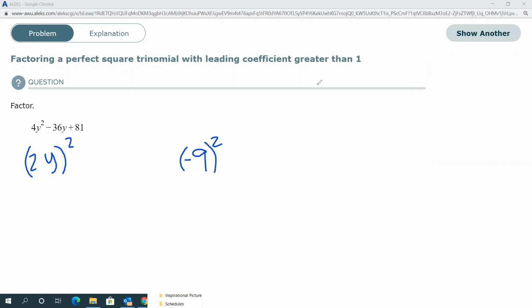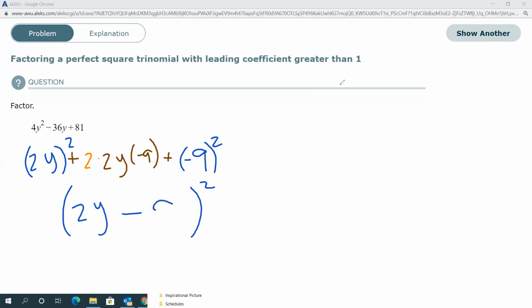Now, in the middle, I'll write the 2y, I'll write the negative 9, and then I will introduce an extra factor of 2. And is that equal to the middle term? Yeah, they're both negative 36y. Therefore, I can write this as the first thing being squared plus the second thing being squared, or just minus 9. And that'll do it.